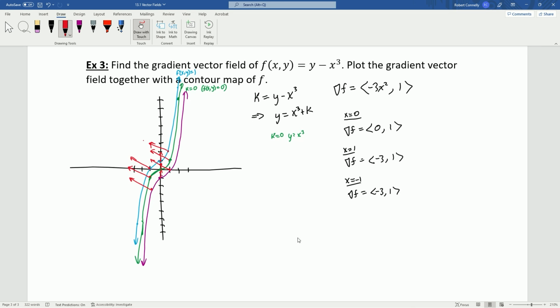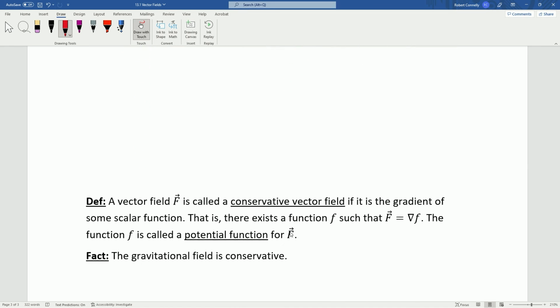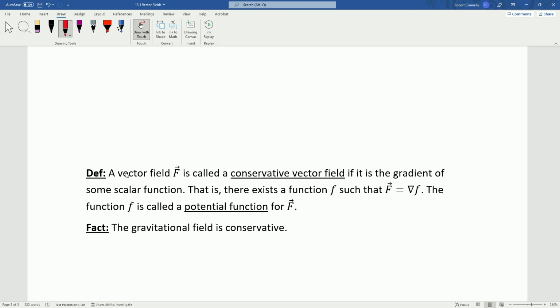Now let's just talk about one last little fact here. So definition: a vector field F is called a conservative vector field if it is the gradient of some scalar function, that is, there exists a function f such that the vector field F equals the gradient of the function little f.